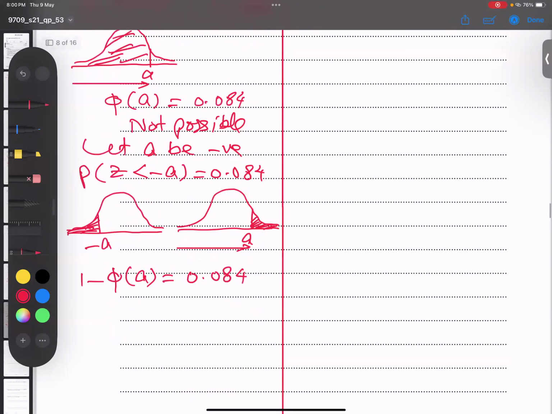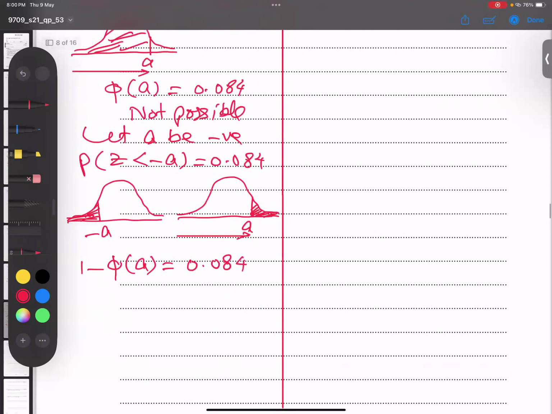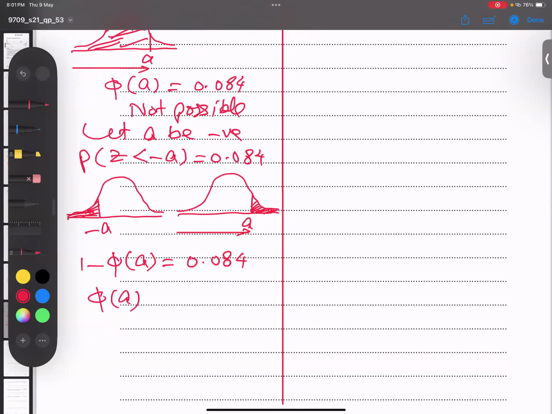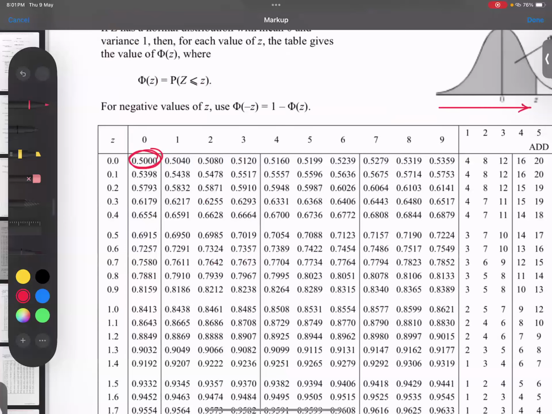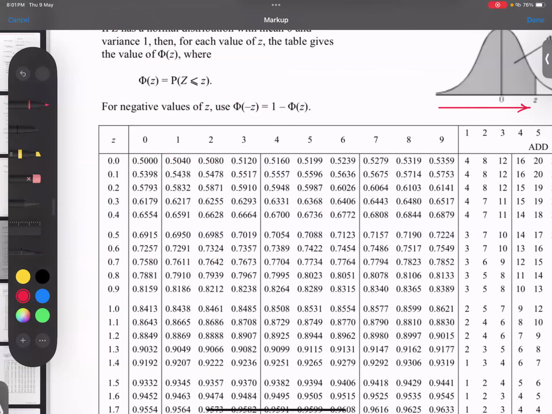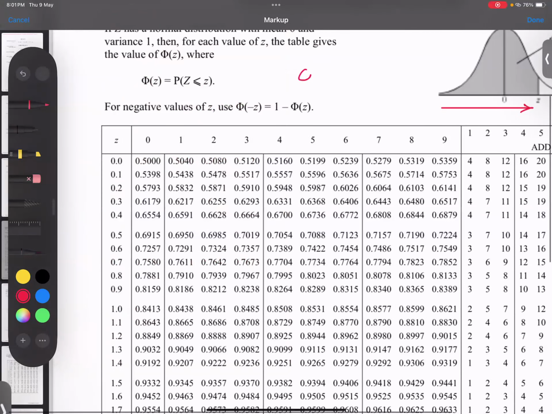How come? This will go here and this will come to this side. So phi of A is actually 1 minus this, which will give us 0.916, and this is in our table. So you see now, 0.9 I'm looking for 0.916. Probability of what value gives you this answer?